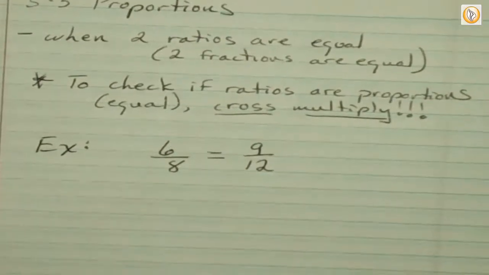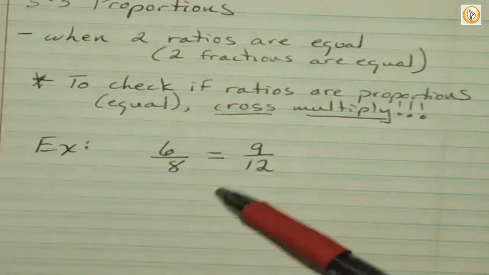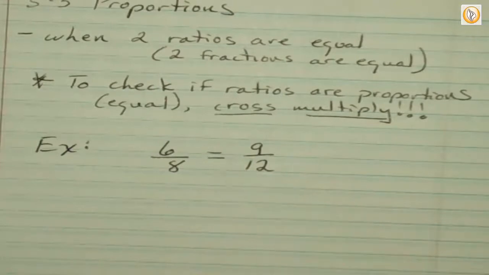Here's two ratios, and I'm not going to move any further until everyone's caught up. Don't work ahead, please. Here's two ratios. Remember, ratios look like fractions, and they're set up with an equal sign here.